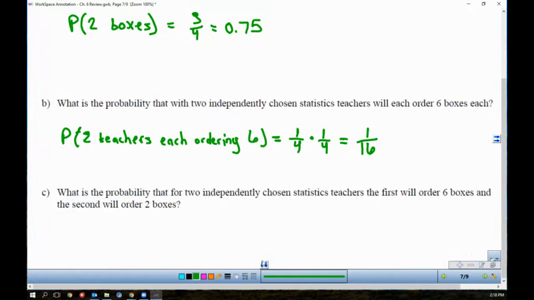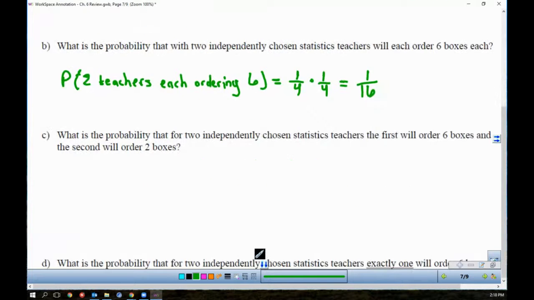Okay, next one. What's the probability that 2 independently chosen statistics teachers, the first will order 6, and the second will only order 2? The probability that first orders 6 and second orders 2.